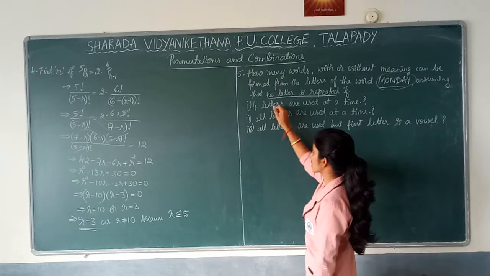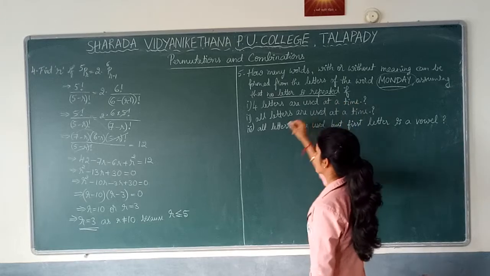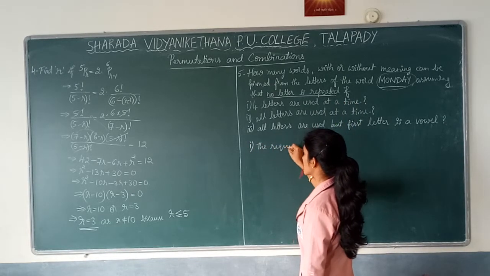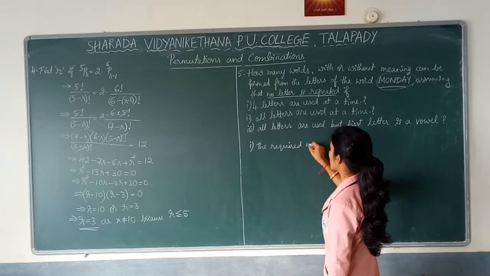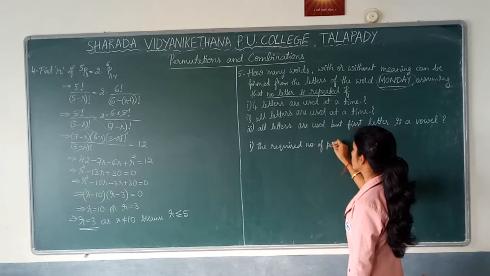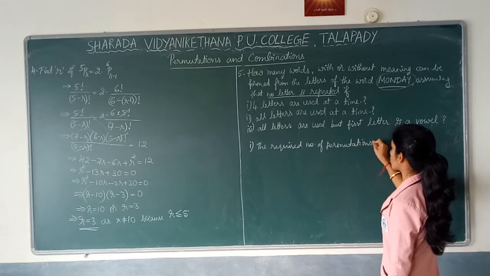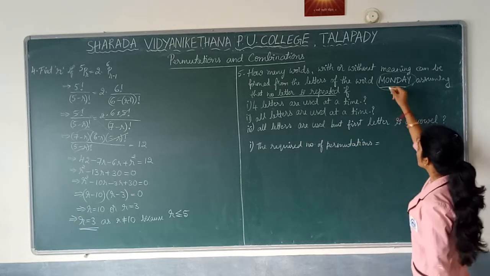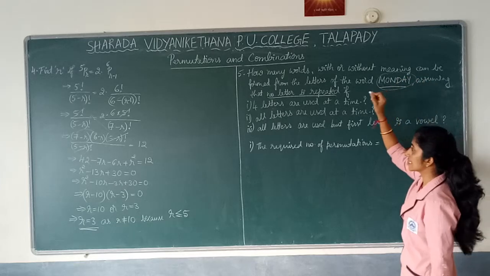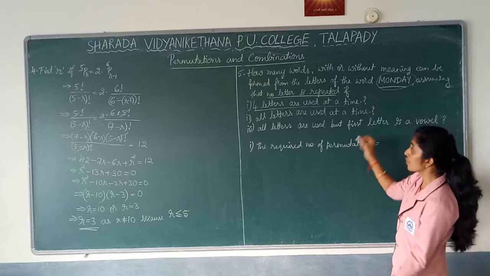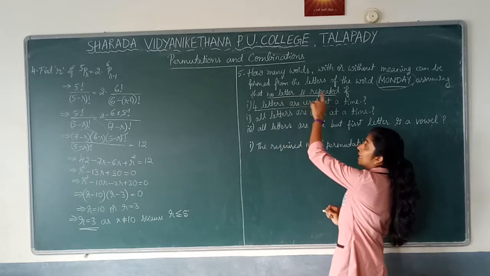So in the first question, 4 letters are used at a time. Now for the first question, the required number of permutations is actually the arrangement of 6 different objects taken 4 at a time, where repetition is not allowed, right?